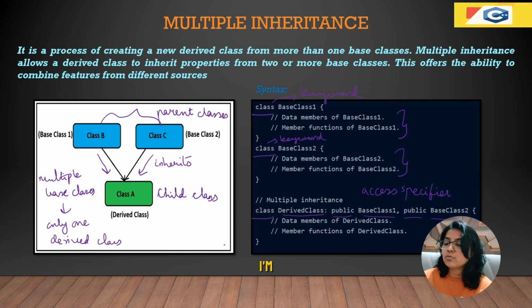It means if I am using public in front of base class 1 and base class 2, then whatever data is there in base class 1 and base class 2 will be available publicly. That means all the data we can easily access in the derived class.